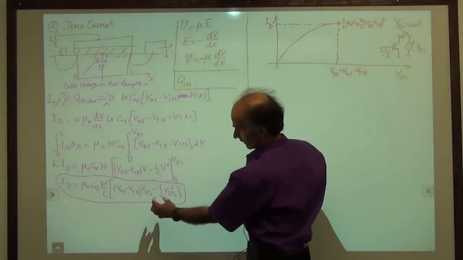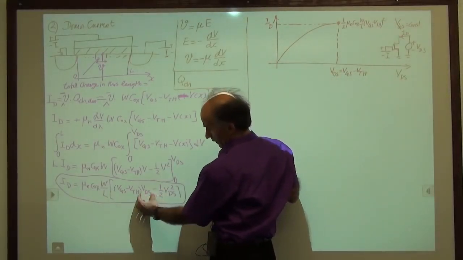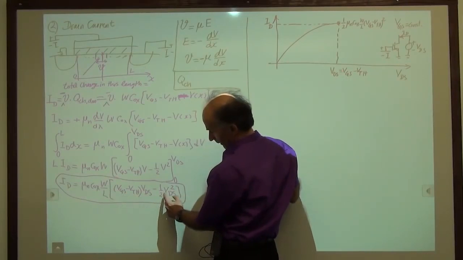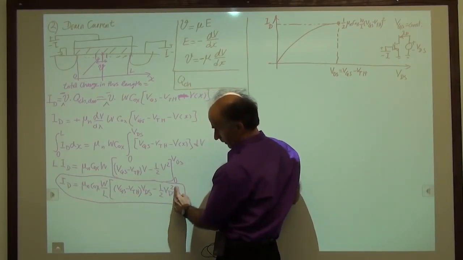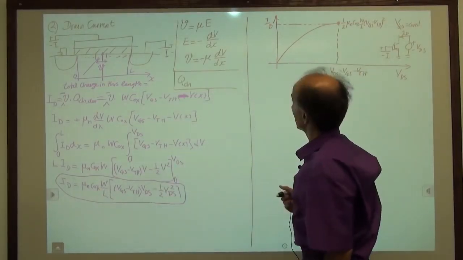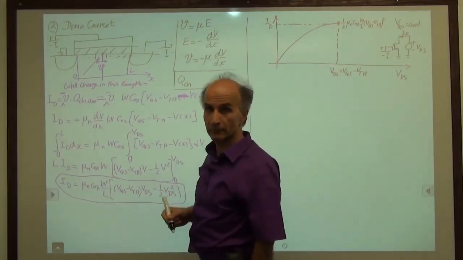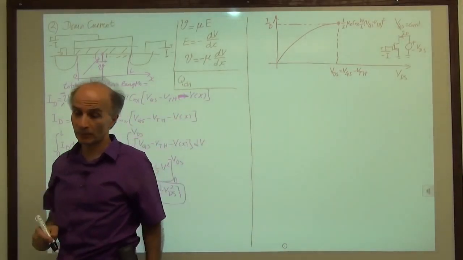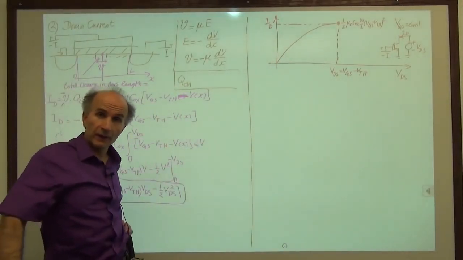You can see that this is VGS minus VTH, so this gives us the square. But then we also have 1/2 of VGS minus VTH squared, so this 1/2 gives us a 1/2 here. And that's what we got there.